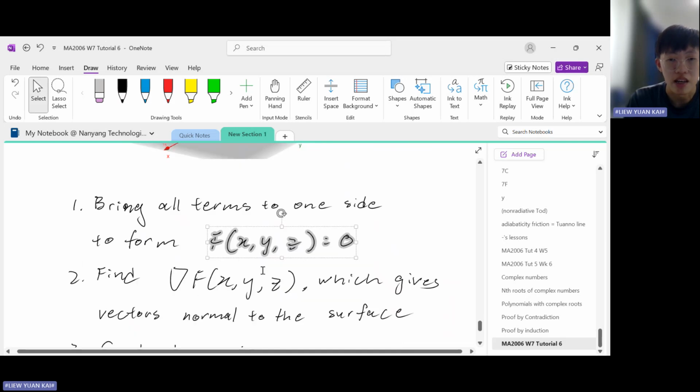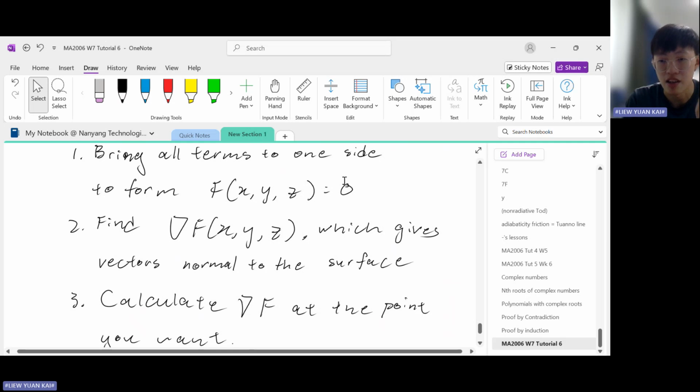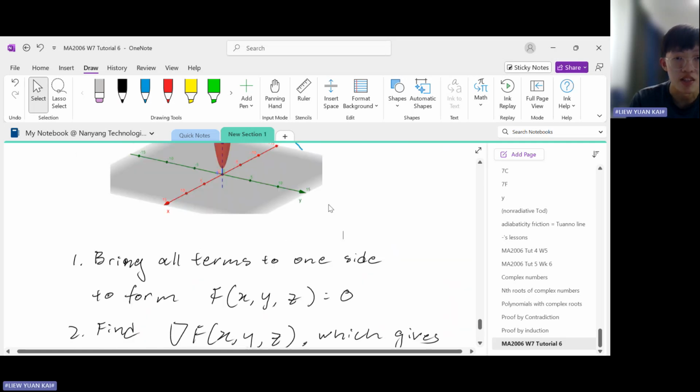After you find that, the side which is a function, you need to take the nabla of that function. Okay, and then it will generate another function. This one is a vector function. So what does this vector function give? This vector function gives a function that is normal to the surface at each point.